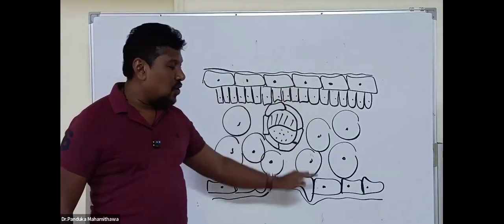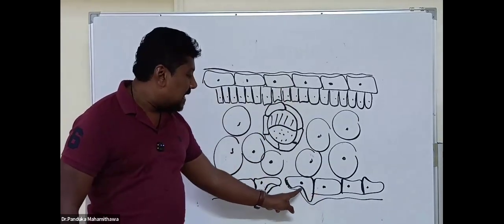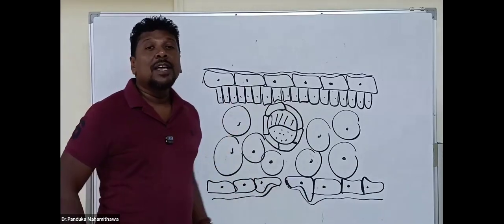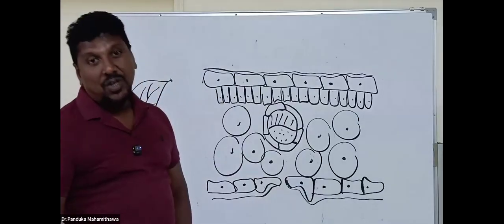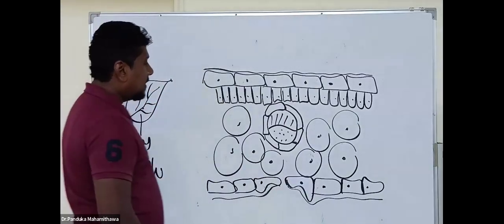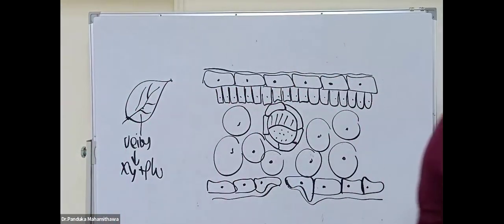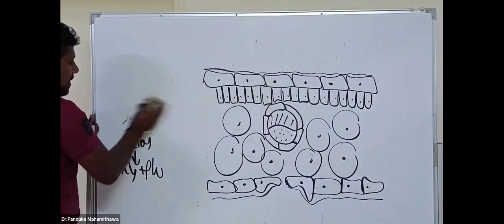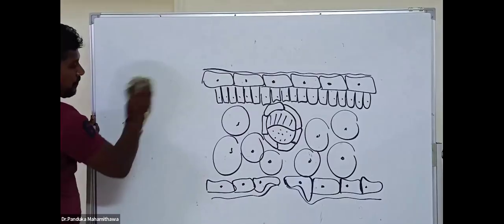They don't have chlorophyll, but remember the guard cells which make the stomata have chloroplasts, right? So this is the arrangement of the dicot plant leaf.